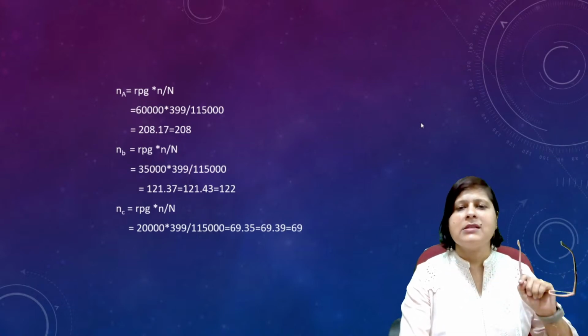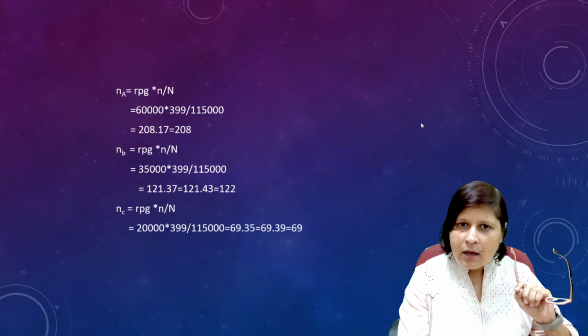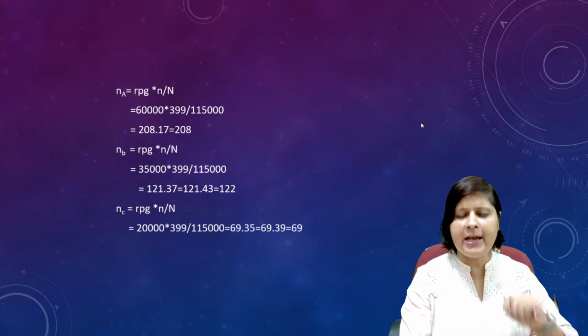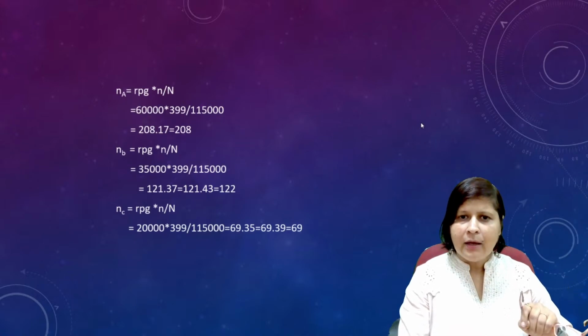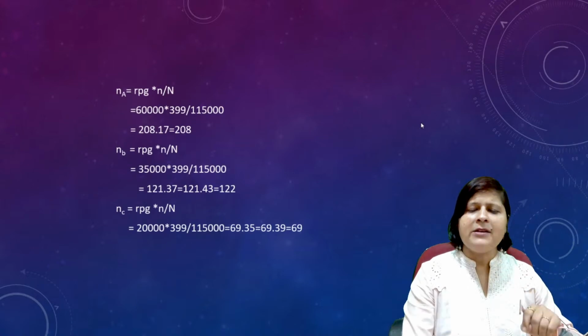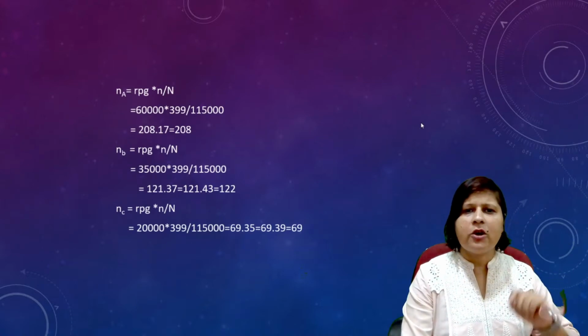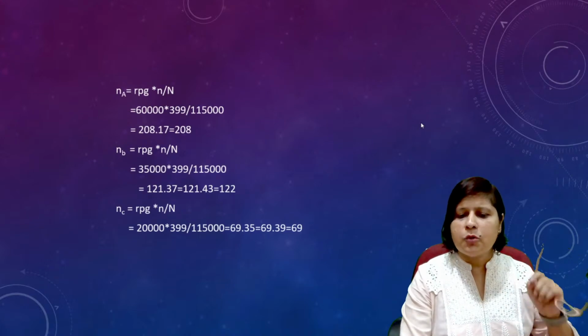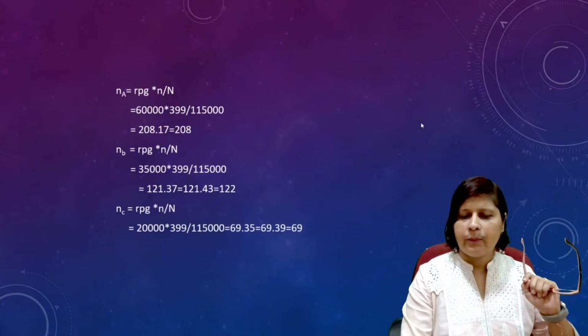It means the sample which I should collect from stratum A should be 208. For stratum B, the sample depends on the population, which was 35,000. When I applied that formula, it comes out to be 122.